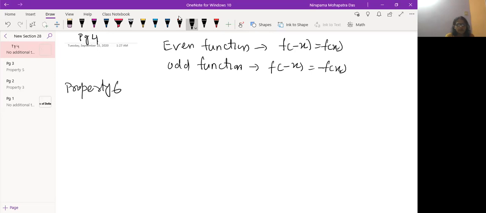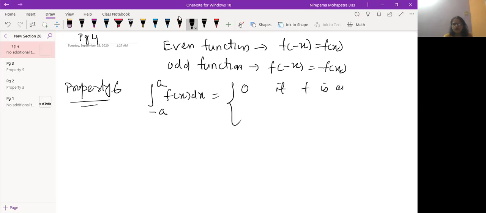Property number 6 has a unique identification in fact, so you will not make any mistake. So integral of f(x) dx with limits from minus a to a is equal to 0 if f is an odd function, and it is twice the integral of f(x) dx from 0 to a if f is an even function.